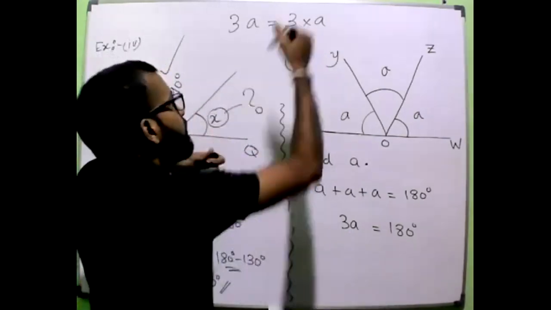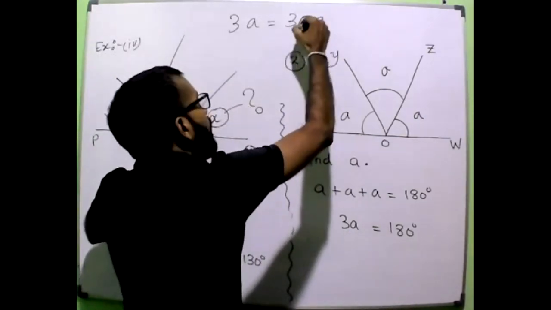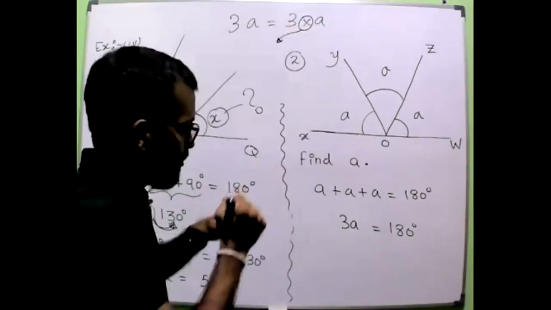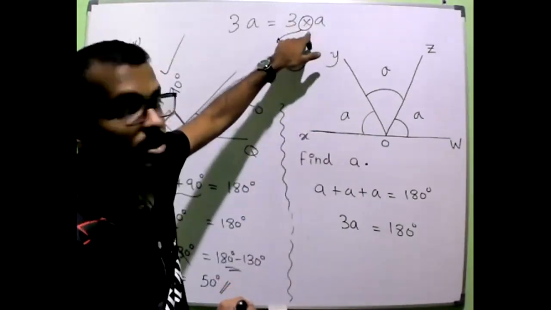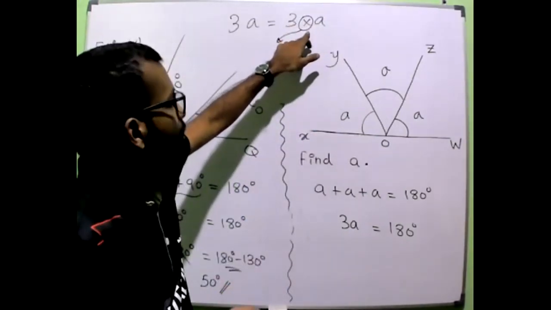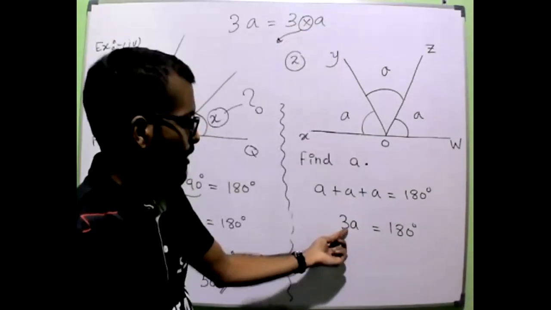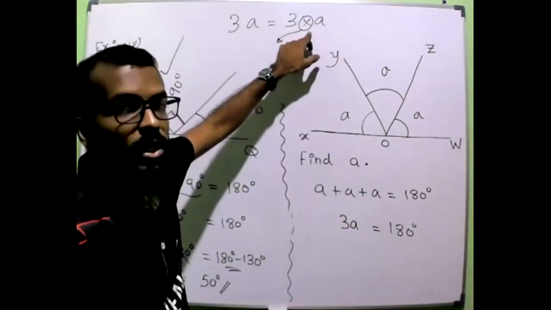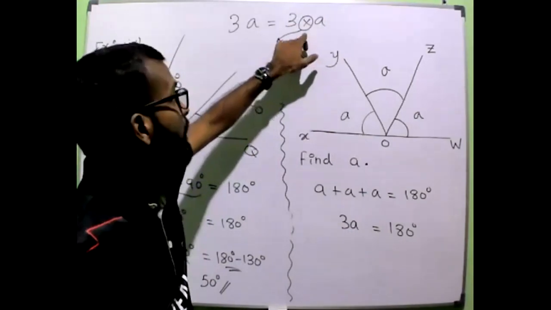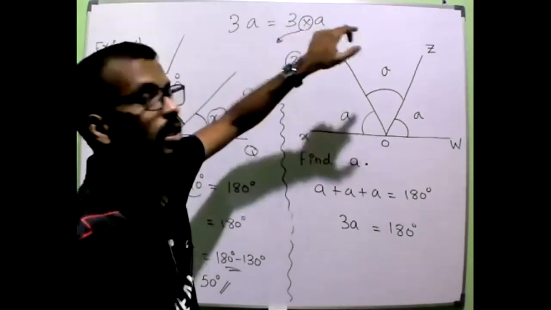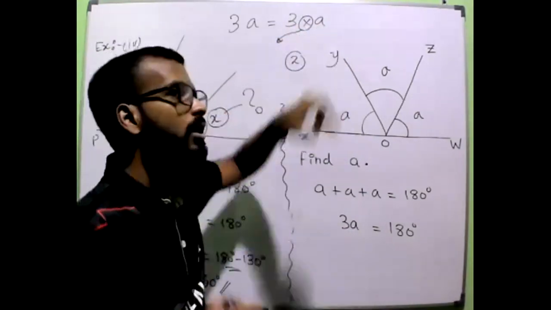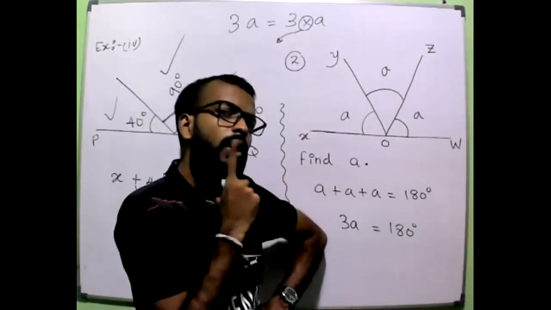It is multiplication. 3 multiplied by A, right?